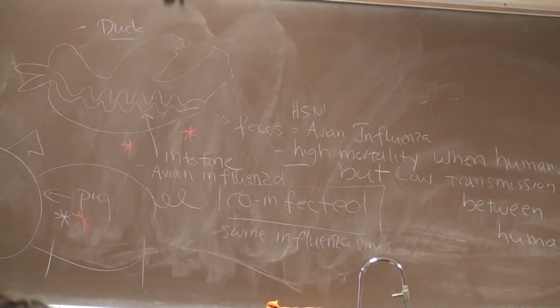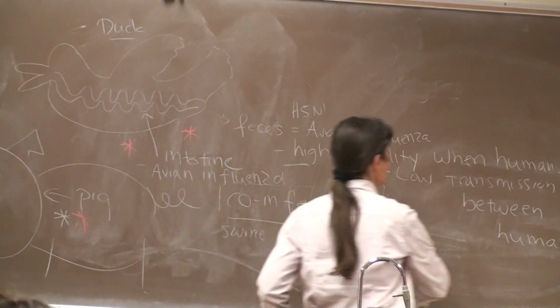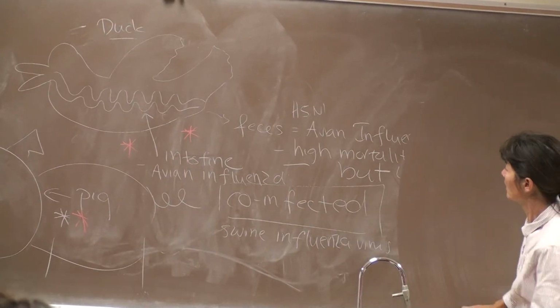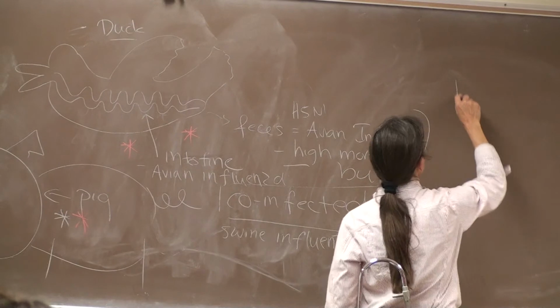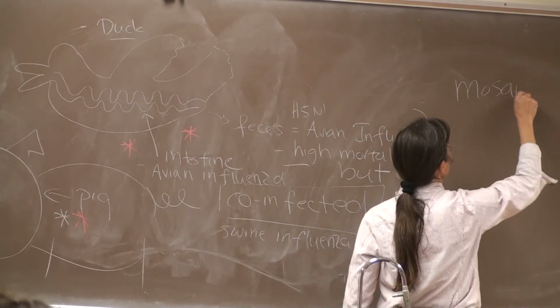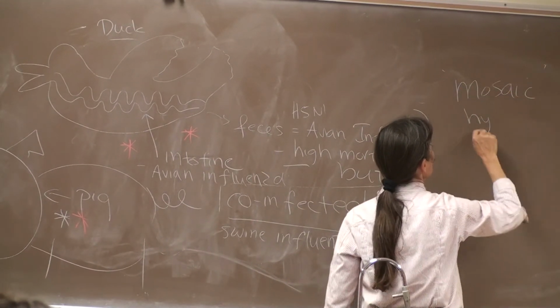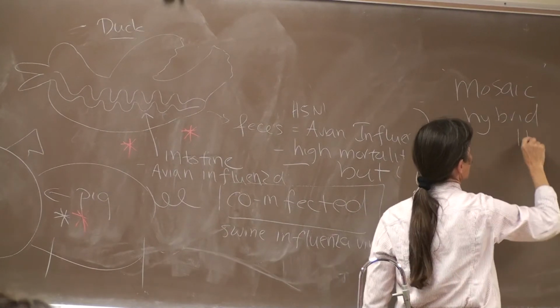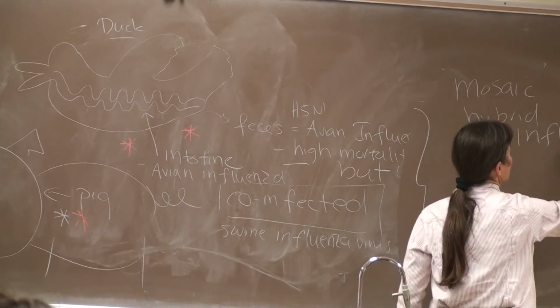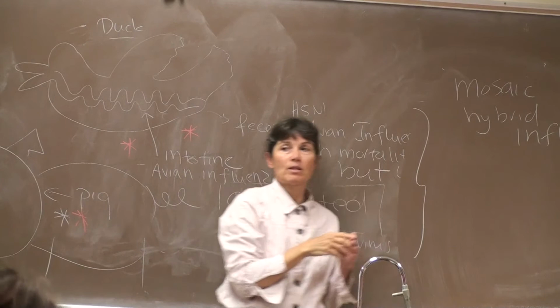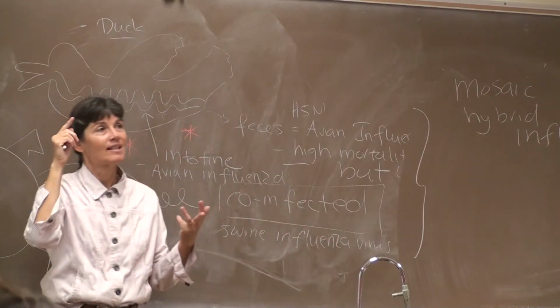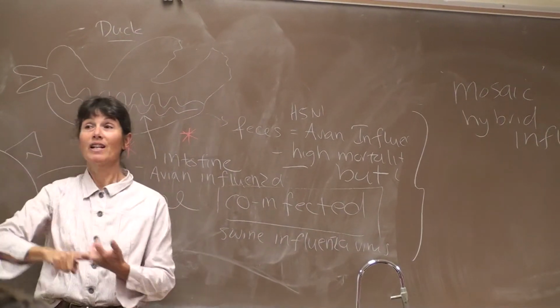So you can end up with these mosaic hybrid influenza viruses. And indeed, that's exactly what they discovered. You can get these mosaic hybrid influenza viruses that carry genetic information from human influenza strains, avian influenza strains, and swine influenza strains.